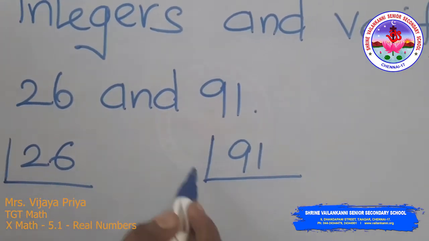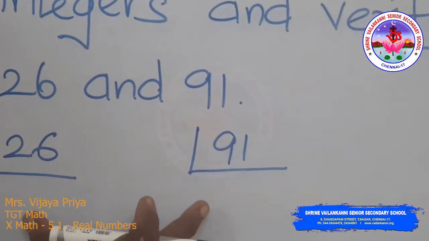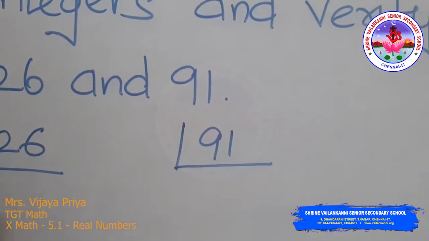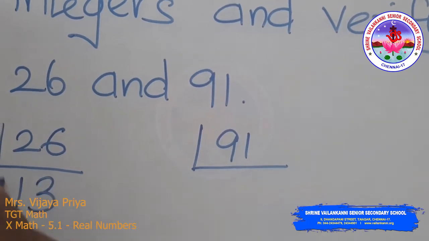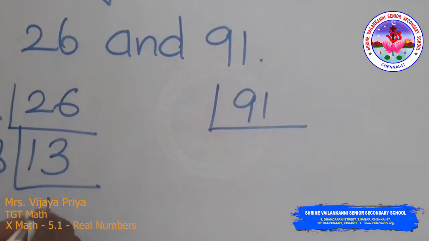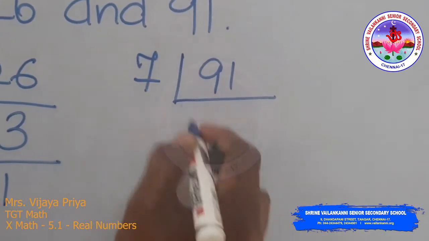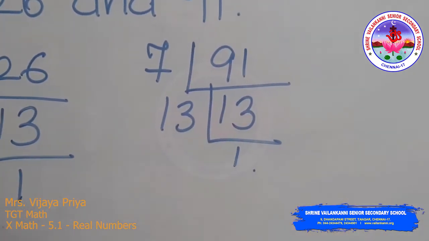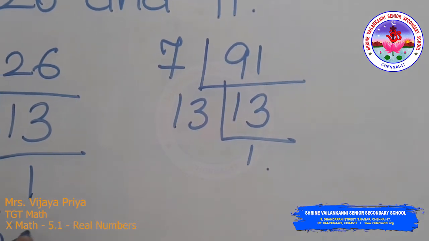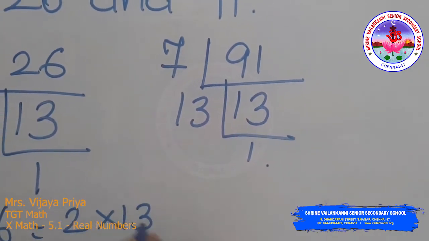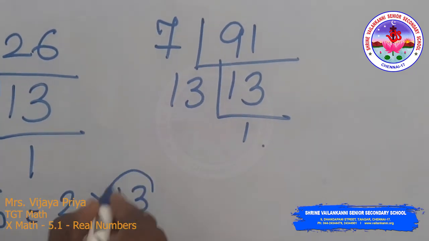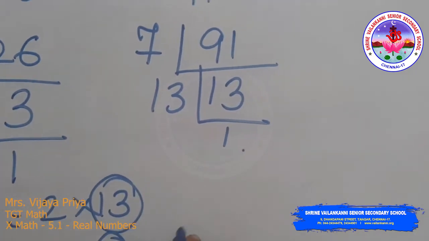Taking the numbers separately, we are going to find the HCF and LCM of these two numbers by the earlier method. 13, 13, 1. Again the table of 7, so you will get 13. So 13, 1. Now I am writing 26 as 2 into 13 and 91 as 7 into 13, where my common factor is 13.